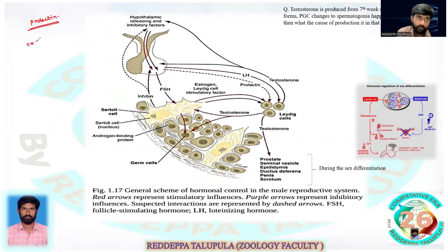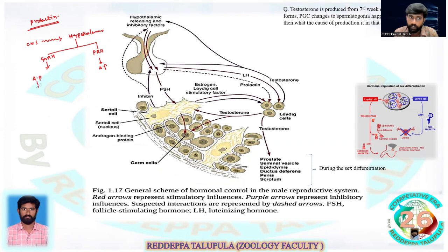See, whenever the central nervous system gives a signal to the hypothalamus, there is release of gonadotrophin releasing hormone along with prolactin releasing hormone. Already I said it reaches the anterior pituitary. It also reaches the anterior pituitary.